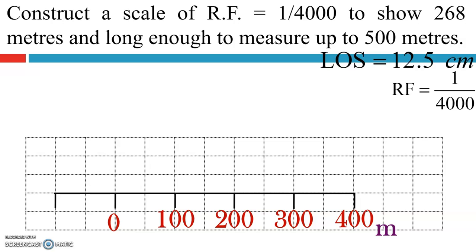Yes, it will represent 10 meter. Clear? So I am going to divide this line into 10 equal divisions, and each division will represent 10 meters. So that is 10 meter, 20, 30, 40, 50, 60, 70, 80, 90 and 100. So that is 100 meter now.